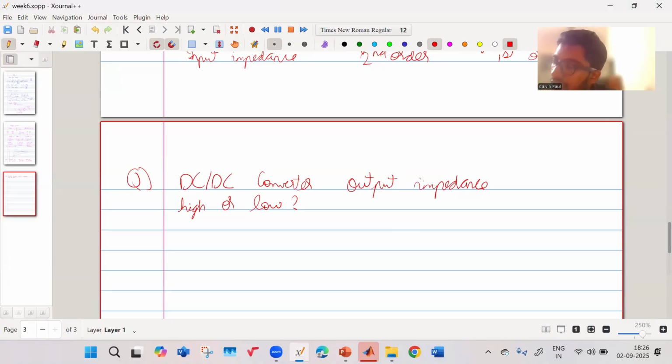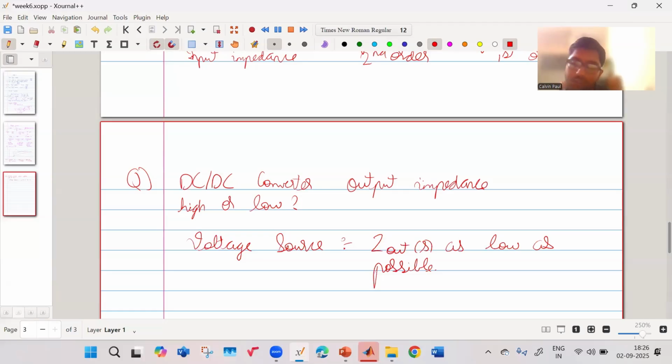Your DC-DC converter is acting like a voltage source, so you want the characteristics of a voltage source. For a voltage source, you want your output impedance to be as low as possible, right? Okay, so that is regarding the output impedance.